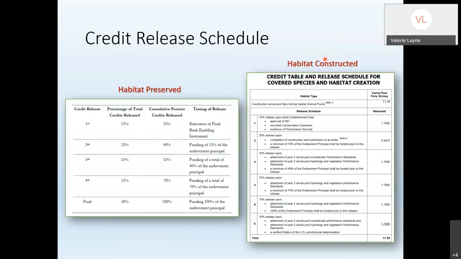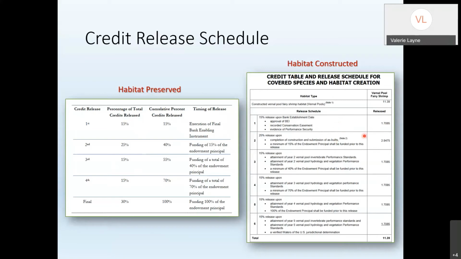And for the bank that has constructed habitat, their first credit release is a little more complicated. Their bank establishment release included a few more things. Let's see, approval of the instrument, and then a recorded conservation easement, and then evidence of a performance security, which is one of the securities that Veronica was talking about earlier.